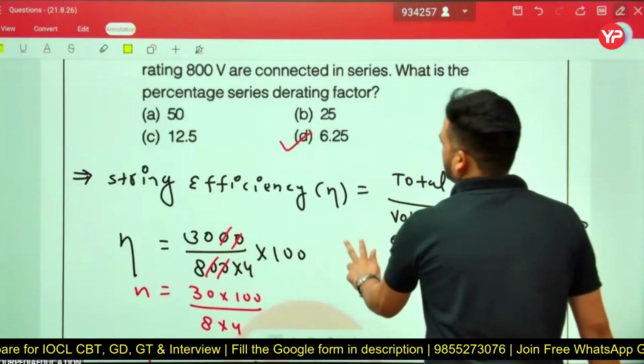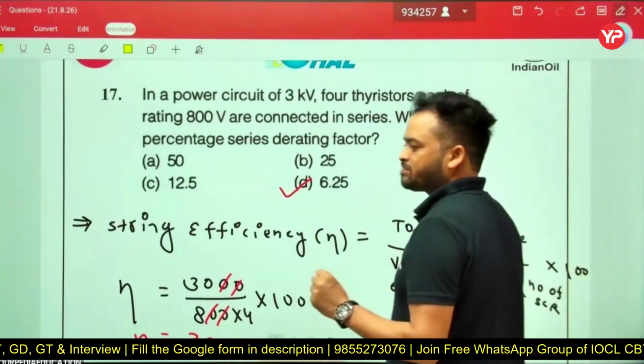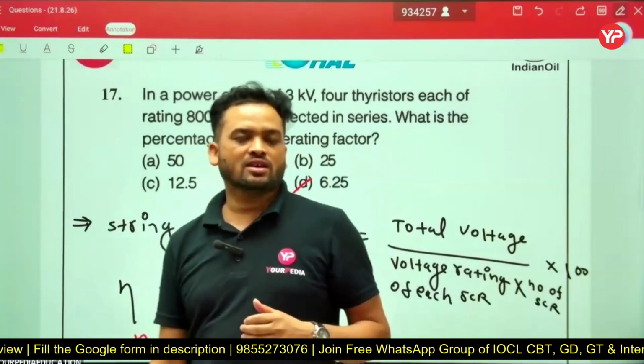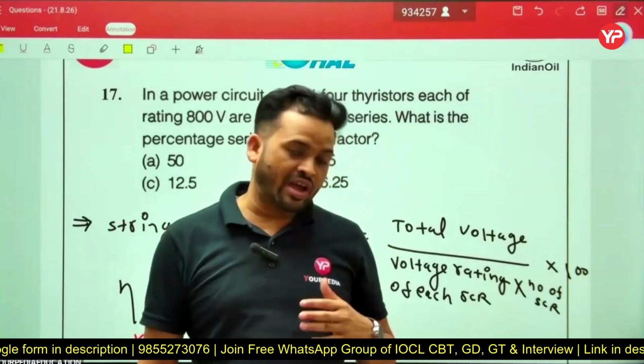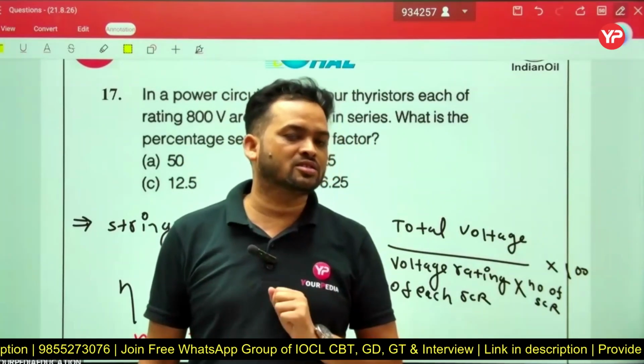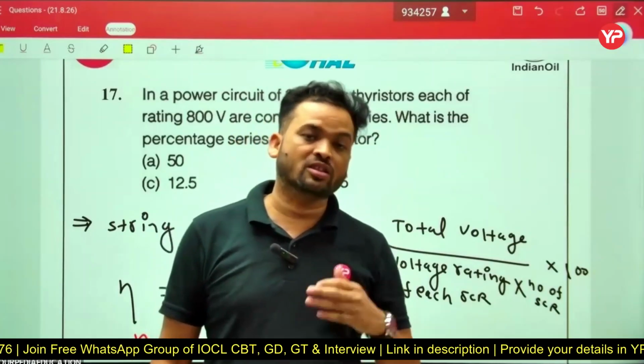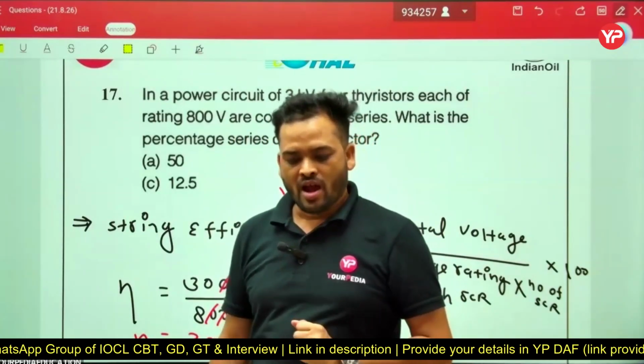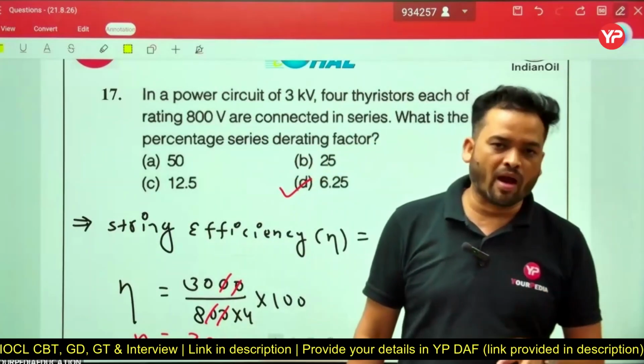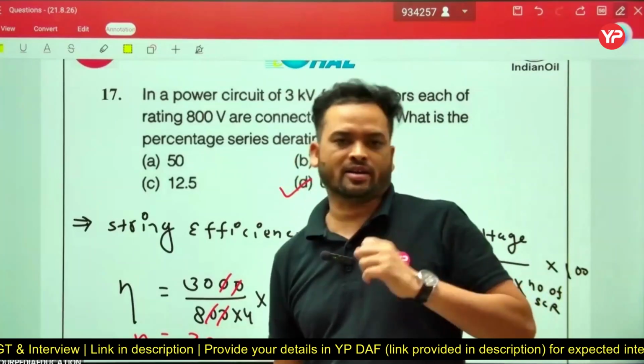First of all, tell me why we connect SCRs in series: in order to increase the voltage rating. And why we connect SCRs in parallel: in order to increase the current rating.